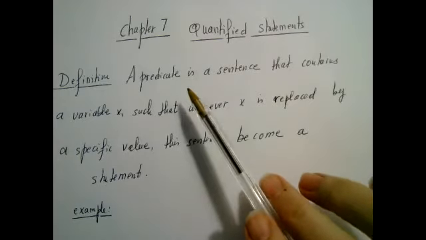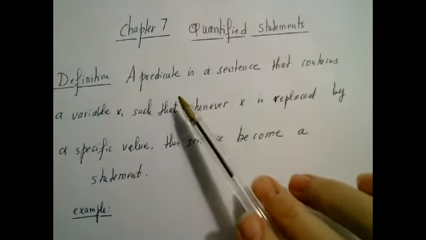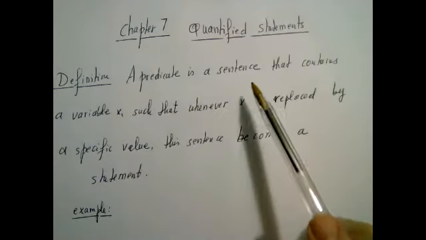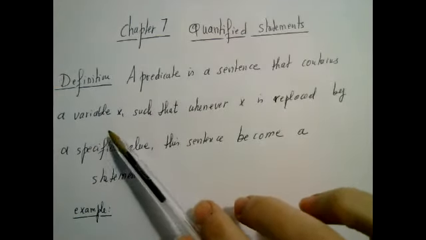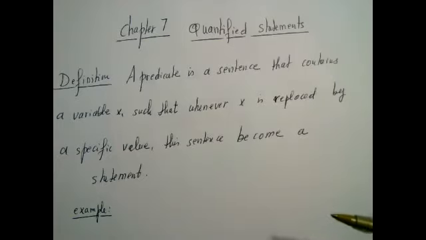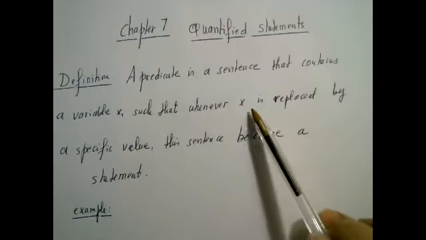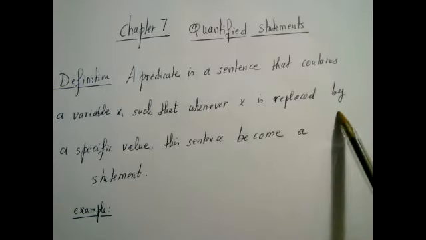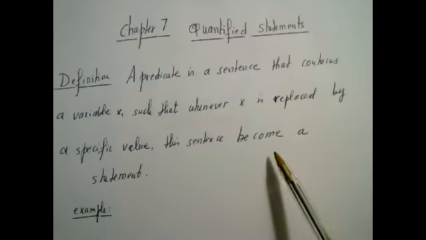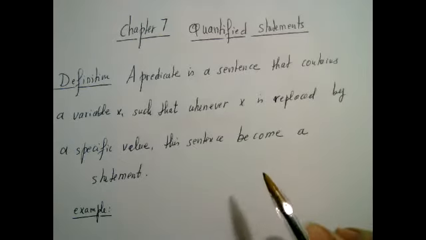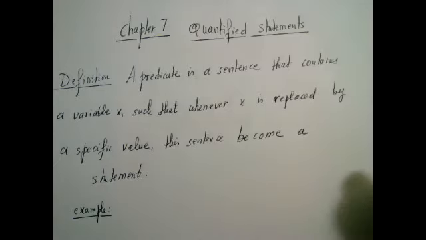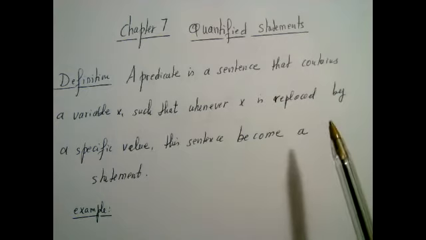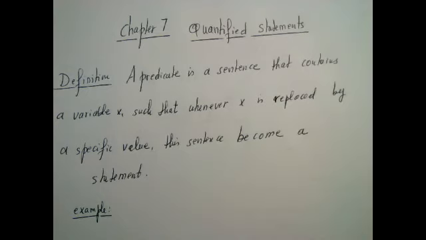A predicate in math is a sentence that contains a variable, like the one I gave you, such that whenever x is replaced by a specific value, the sentence becomes a statement. It's not true or false because it has a variable in it, but when the variable takes a specific value, the sentence has to become a statement.